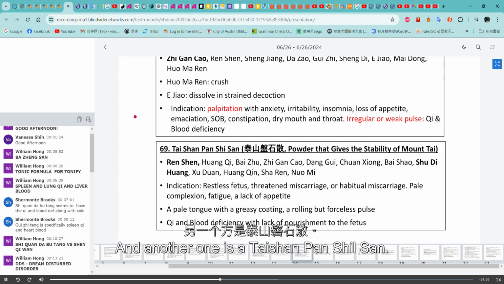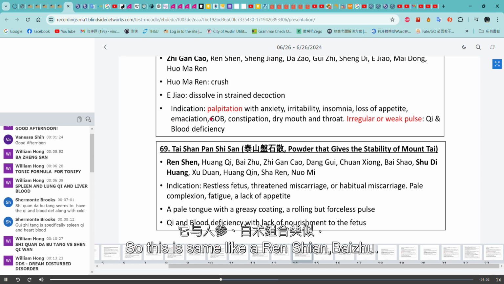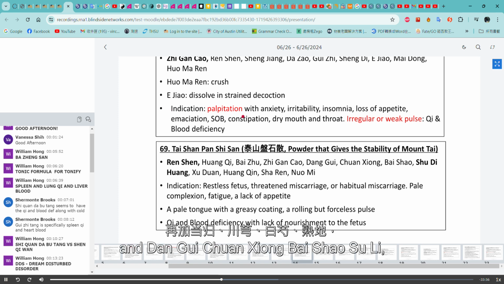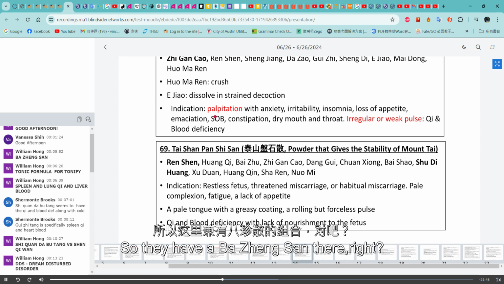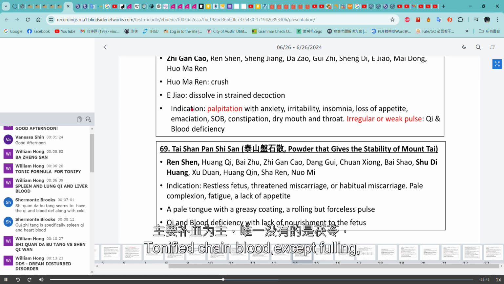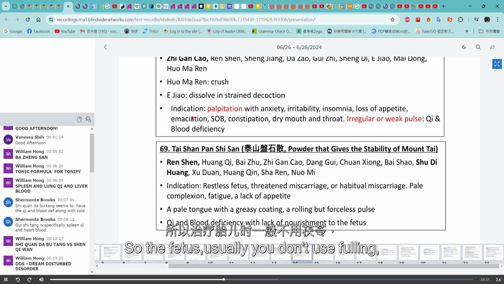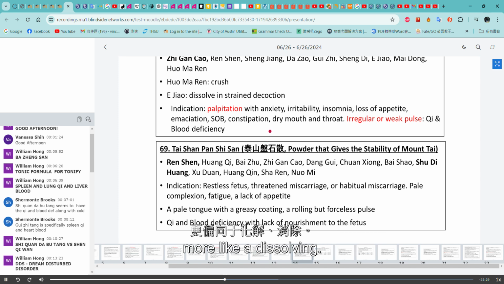Another one is Taishan Panshi San. This is the same as Renshen, Baizhu, Zhigancao, the Sijunzi Tang, and Danggui, Chuanxiong, Baishao, Shudihuang, the Siwu Tang. So they have Bazhen San there, right? Tonify qi and blood, except Fuling, because this goes to the fetus, and usually you don't use Fuling for a fetus because that is more like draining or dissolving.